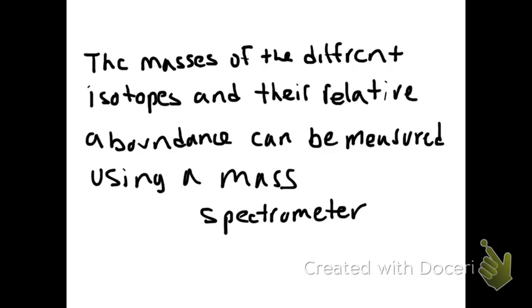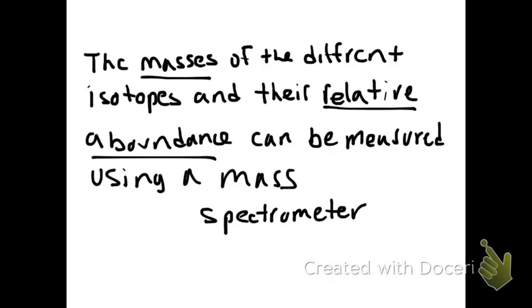Okay, so the key words here are, we can figure out the masses and the relative abundance of the isotopes that make up an atom using a mass spectrometer. And with this data, the relative abundance and masses, we can actually calculate what is known as the relative atomic mass, which we'll define a little bit more later.